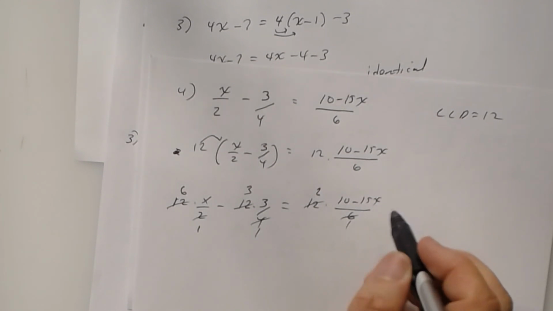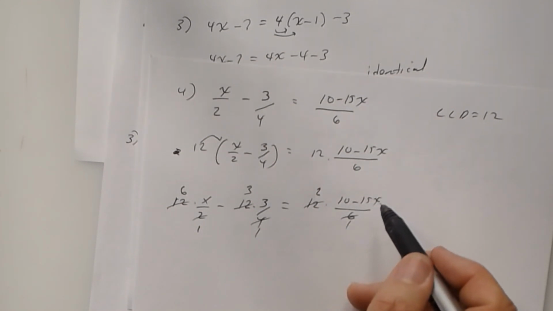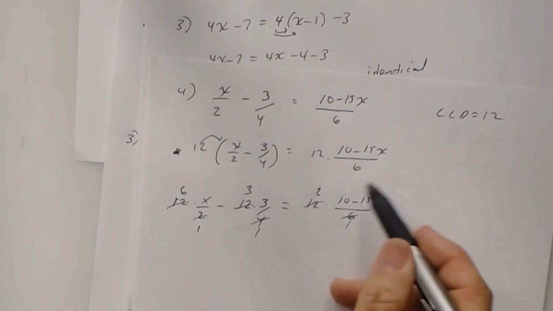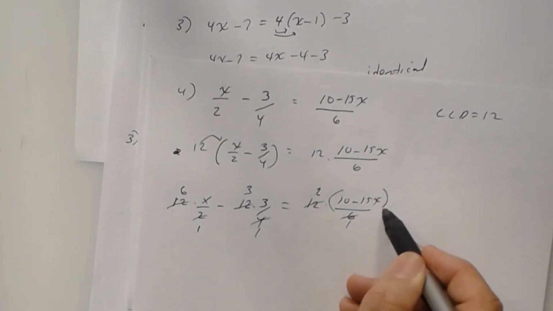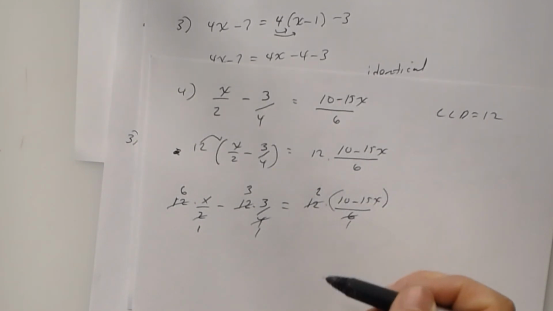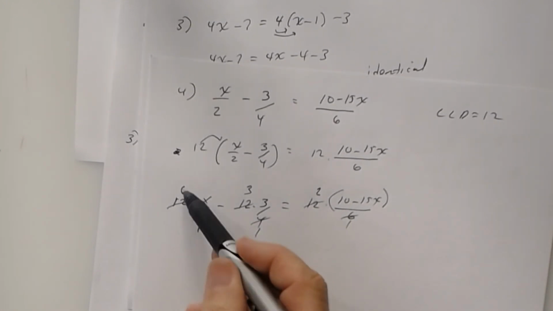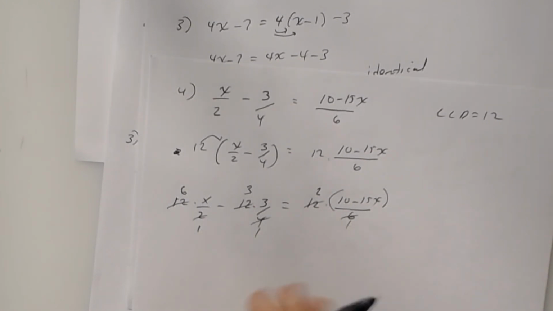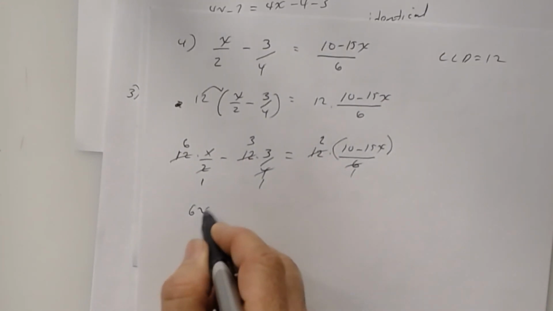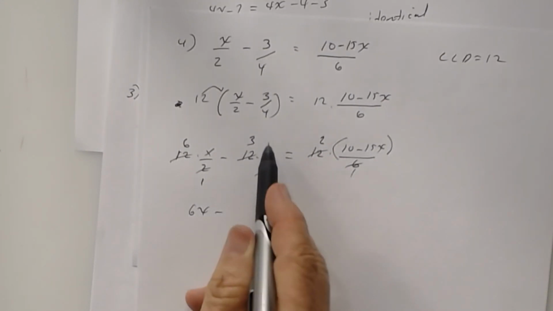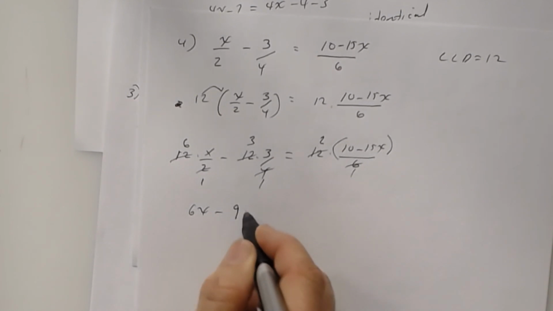You may want to put parentheses around that one because the whole thing has to be multiplied by 2. So here's what I have: 6 times x, which is 6x, minus 3 times 3, which is 9, equals.